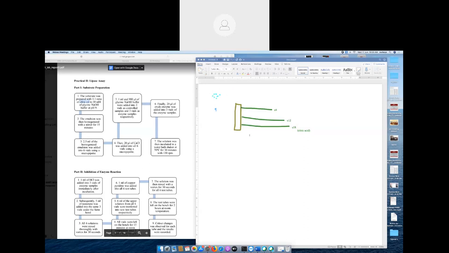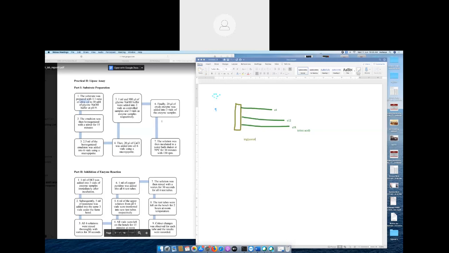This is called triglyceride, and this is glycerol.